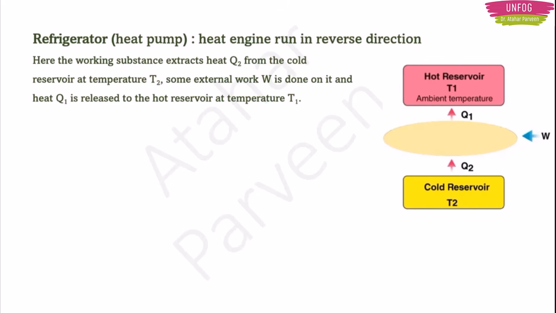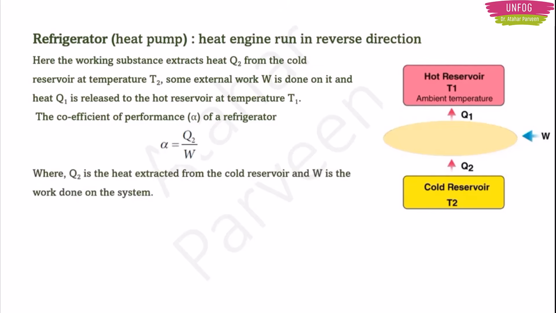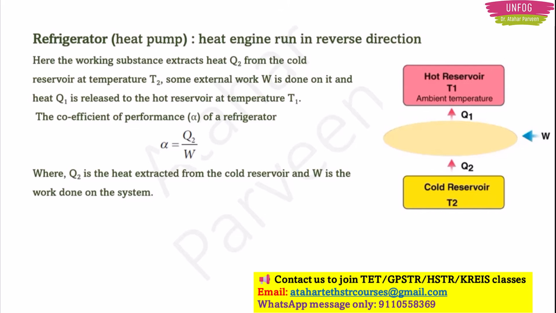Here we don't have efficiency. Here we have a coefficient of performance. The symbol for the coefficient of performance is alpha for a refrigerator. And this alpha is Q2 upon W. It is the opposite of the heat engine, right? There we had W upon Q1. Here it will be Q2 upon W, because Q2 is the heat extracted from the cold reservoir, isn't it?